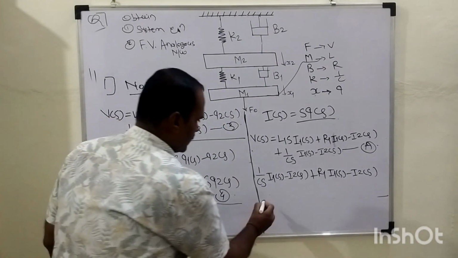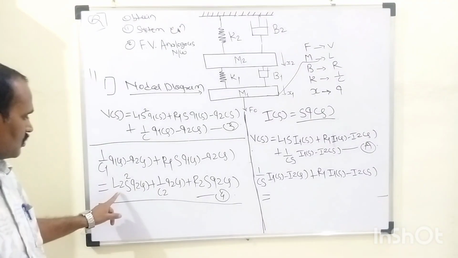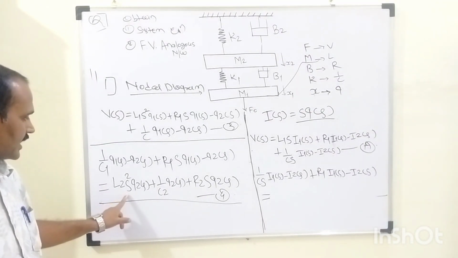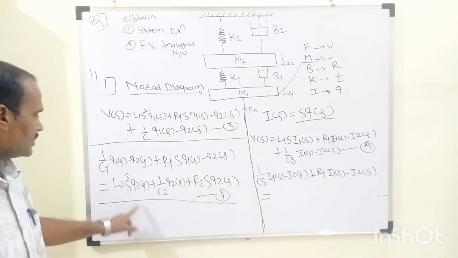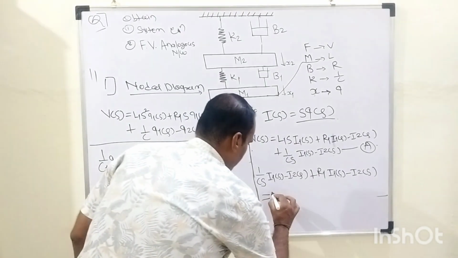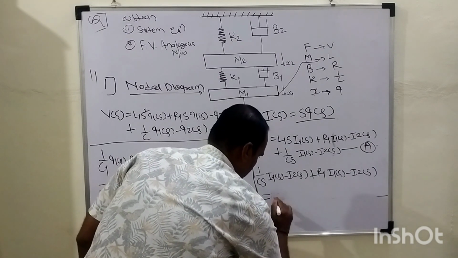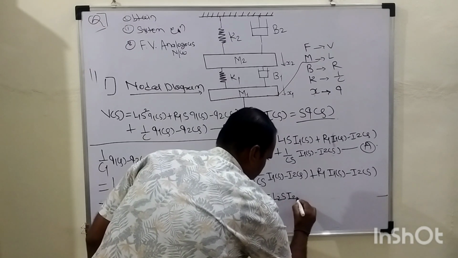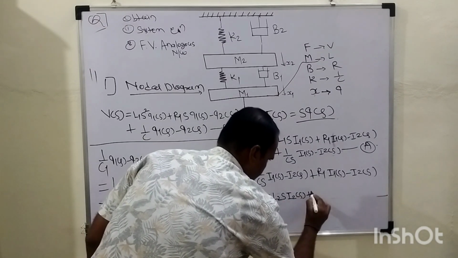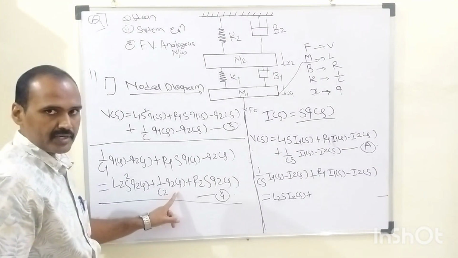Remaining term is nothing but what? Equals to the coefficient of L2 is S square times of Q2 of S, where S into Q of S is nothing but I of S. So it will become L2 times of S into I2 of S, right? Plus it is 1 over C2 into Q2 of S, right?